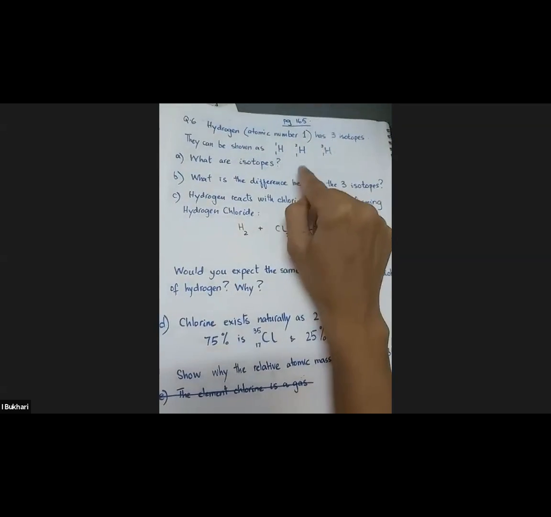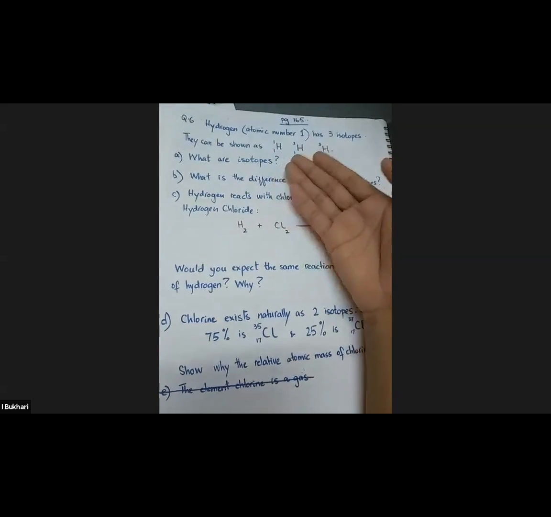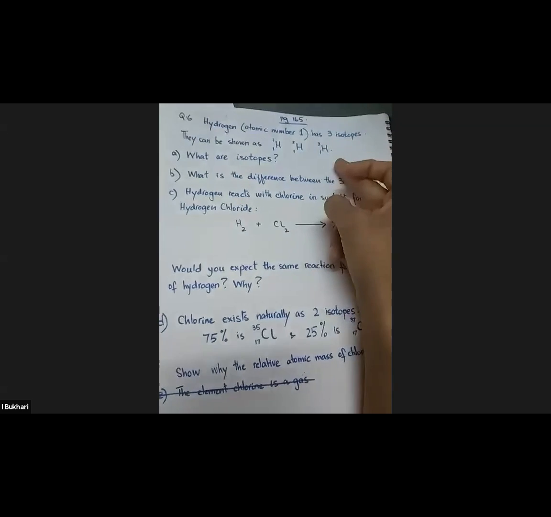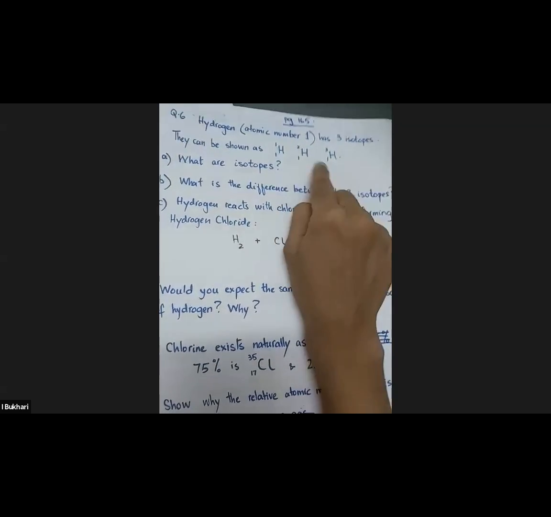Why? Because they differ in their number of neutrons. Neutrons are found in the nucleus. Their number of electrons is the same. All the three isotopes have exactly the same number of electrons, which is one proton, one electron. So because the number of electrons is the same in all the isotopes, they are going to react the same way.